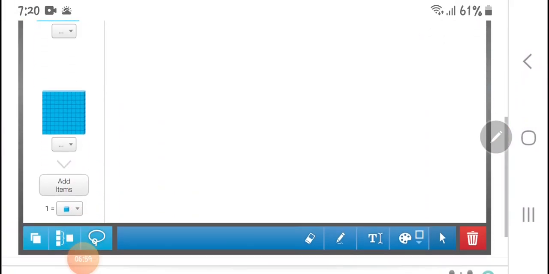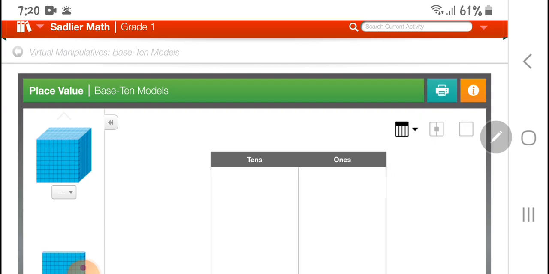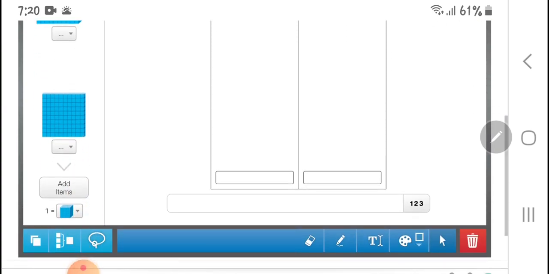Place value base 10 model. Remember to choose here tens, ones and tens, and remove this one.